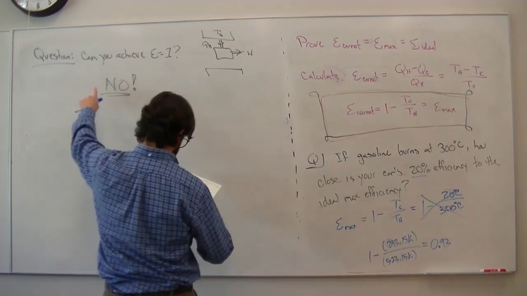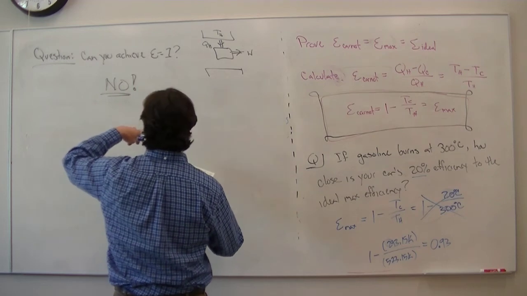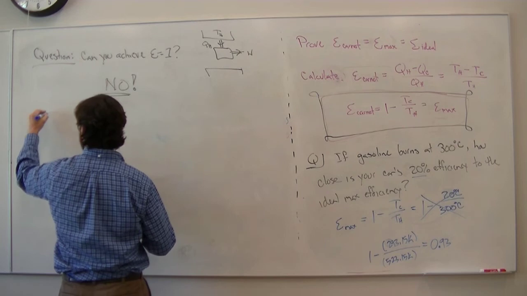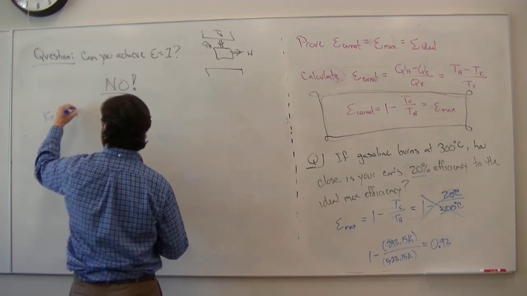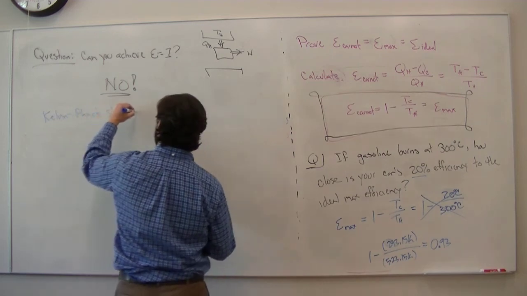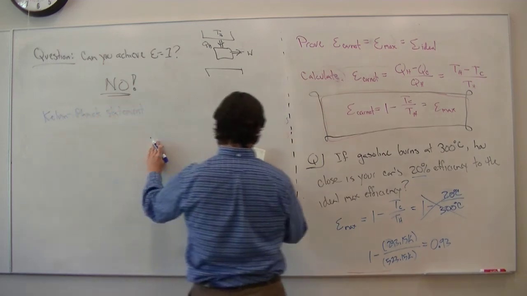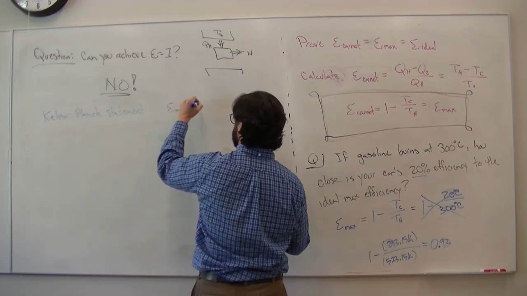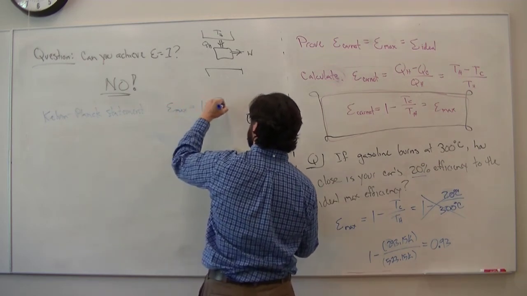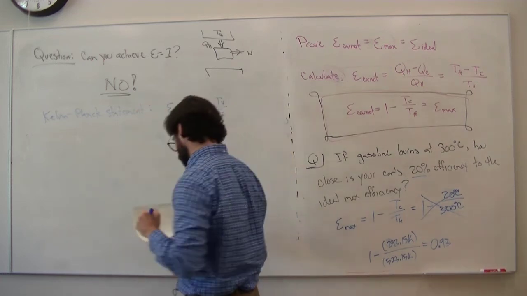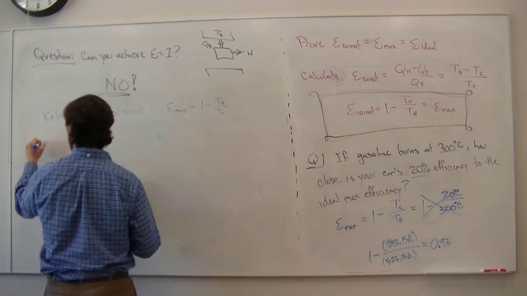So really quickly, I'll label this. This is really a statement of the second law of thermodynamics. So this is what's called the Kelvin-Planck statement. And then we also have the Clausius statement.